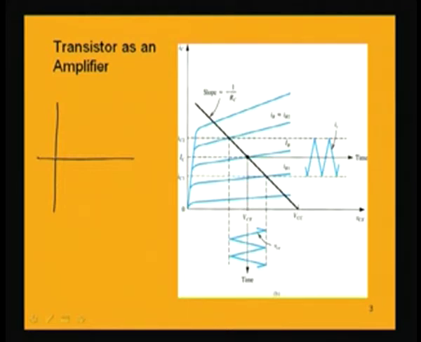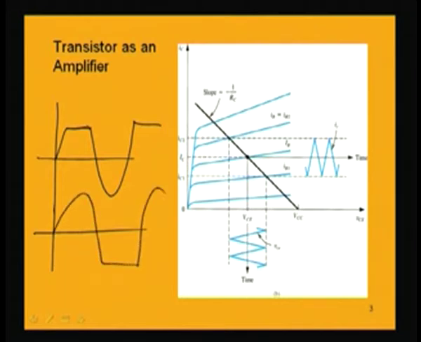If we get a signal like this, or a signal like this, it will not be desired. We do not want any distortion in the output signal compared to the input signal. This is happening because the signal we are applying is large enough to overdrive the transistor, driving it either into saturation or into the cutoff region.